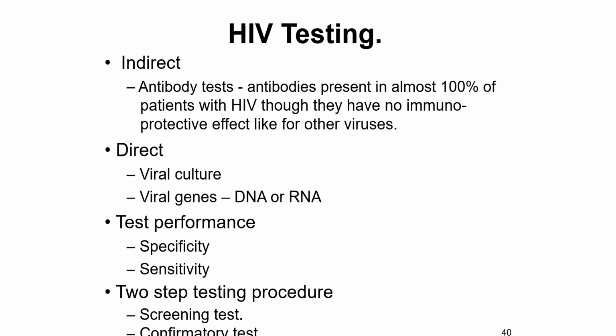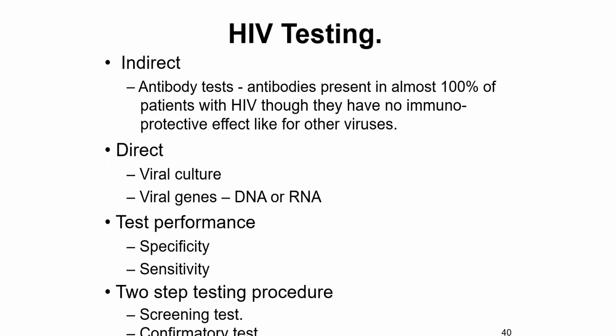Then in terms of some of these issues, you might have heard them. I think you've done this when you were doing your epidemiology, where we discuss diagnostic tests in terms of their performance, issues to do with specificity, issues to do with sensitivity, and the testing procedure, where the first test usually is a screening test.